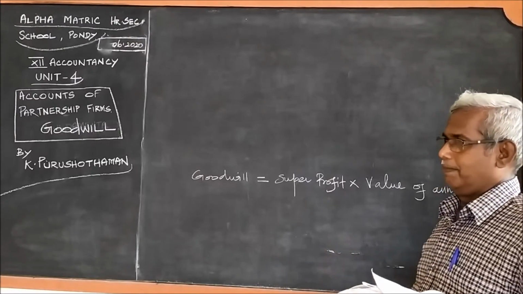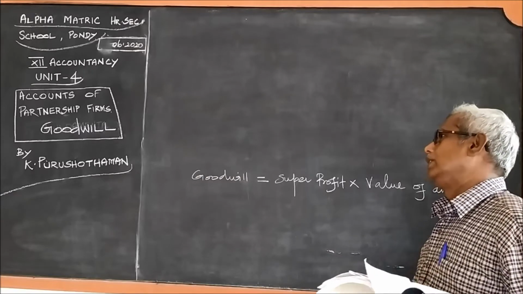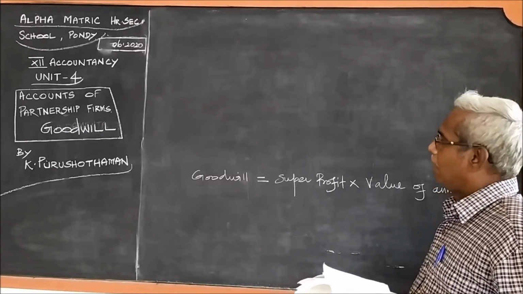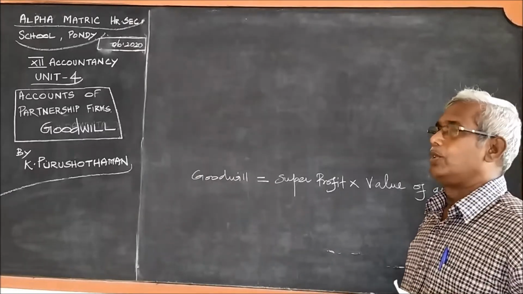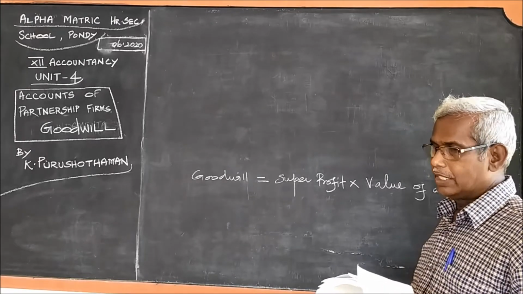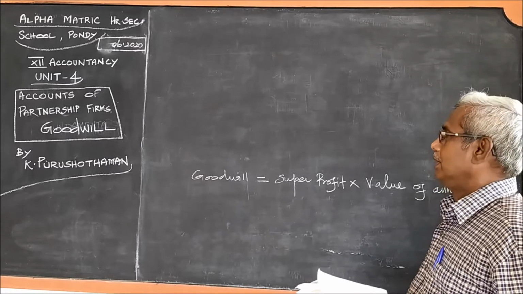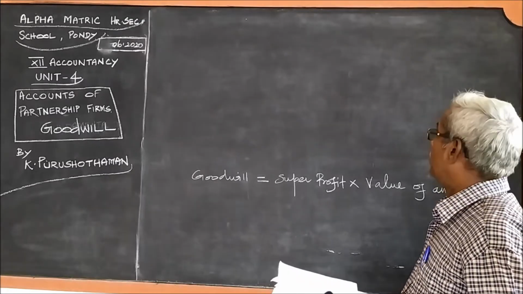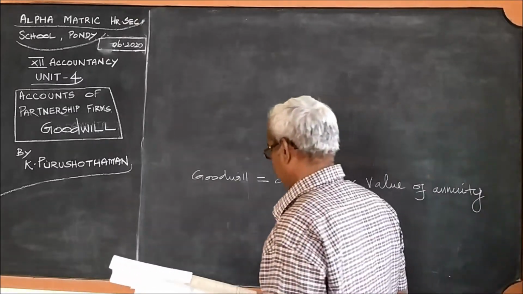So, what about the super profit? We have seen already. Super profit is equal to average profit minus normal profit. We should find the average profit, then we should pass on to the normal profit, then after finding it, minus it, you can find the super profit.